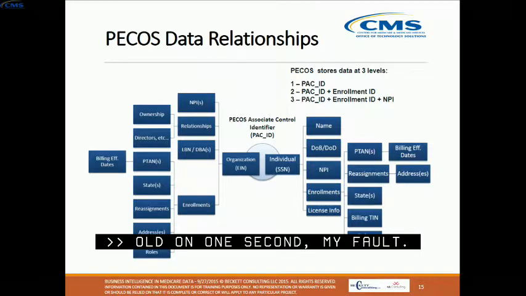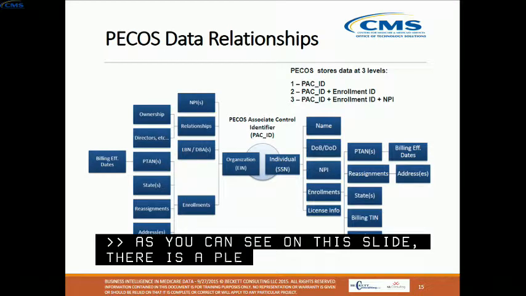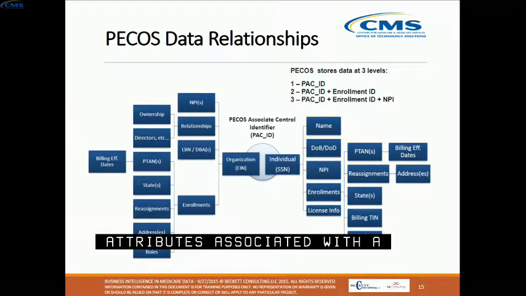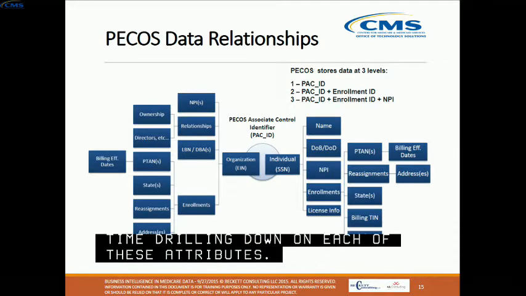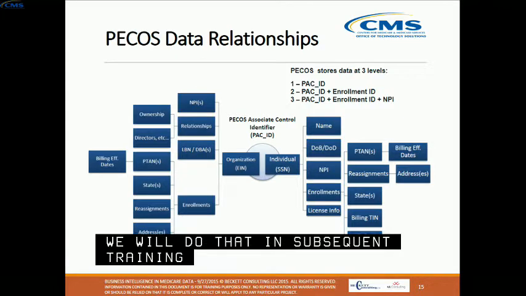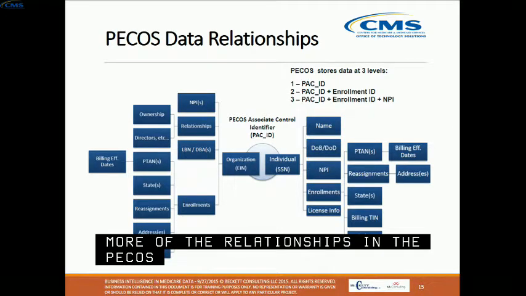As you can see on this slide, there is a plethora of attributes associated with a PECOS enrollment. And we could spend a good bit of time drilling down on each of these attributes. We will do that in subsequent training sessions to help unpack more of the relationships in the PECOS data. For example, organizations are very interesting.